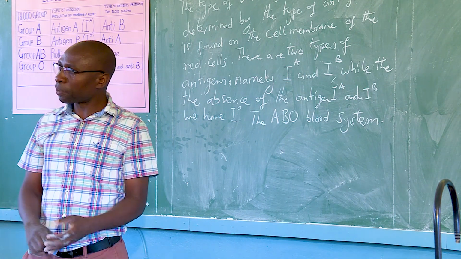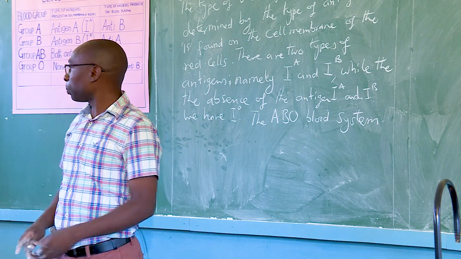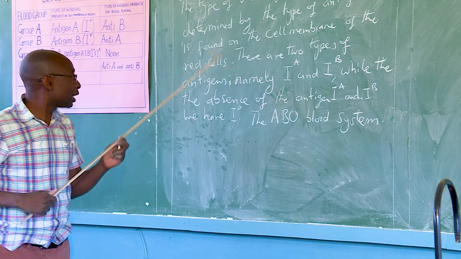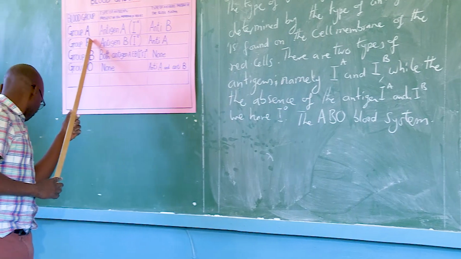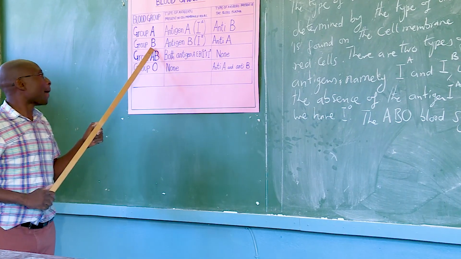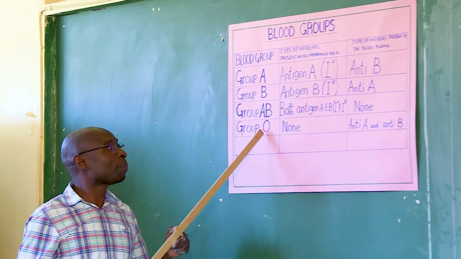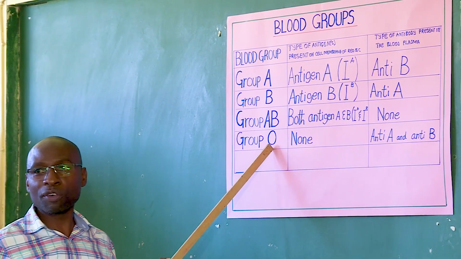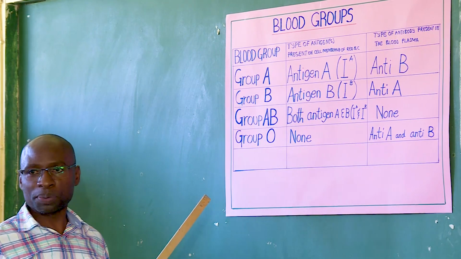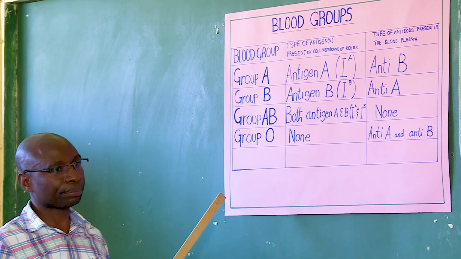That is blood group A, blood group B, blood group AB, or blood group O. There are only 4 groups of blood.